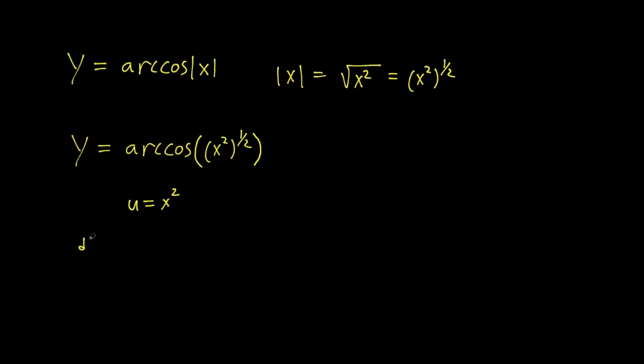And let's take the derivative of both sides. So derivative of y equals derivative of arc cosine of u to the 1/2 power. Just replacing u into this function up here.